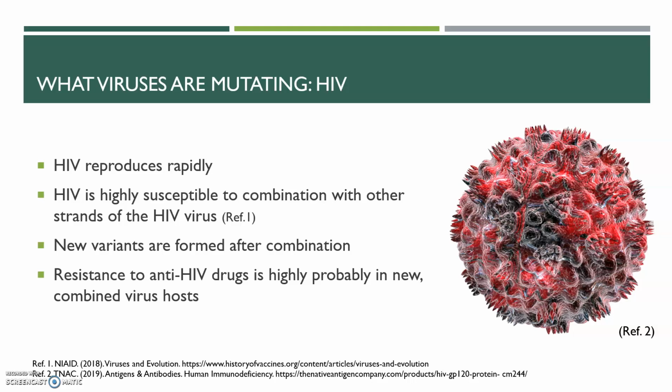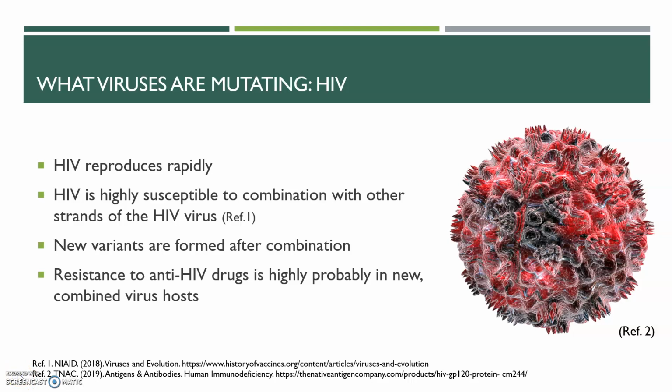Now their child has two different strains of HIV combined in his or her own blood. And this is very dangerous for that child because that child is highly likely to have a high resistance to anti-HIV drugs, and it's very probable with these new combined virus hosts.